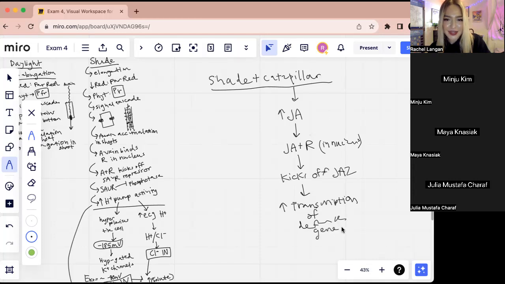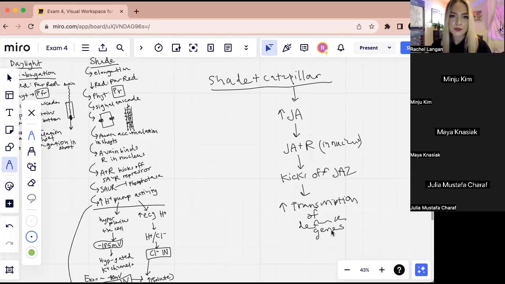If you need me to say out loud anything that I write, I will. It's a little bit laggy still. So that's what we learned last unit of how, in response to herbivory, the plant defends itself. It increases JA, that's the first signal, and downstream it makes defense genes that do various things to help the plant defend itself.